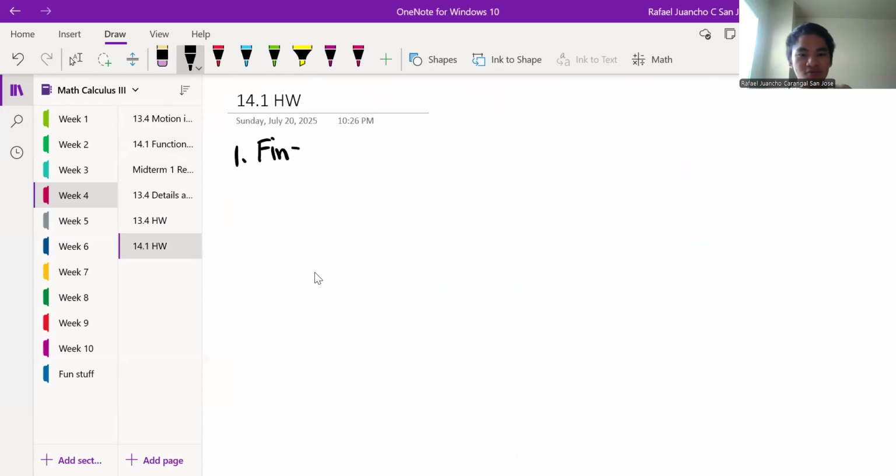So here we're being asked to find and sketch the domain of the function.